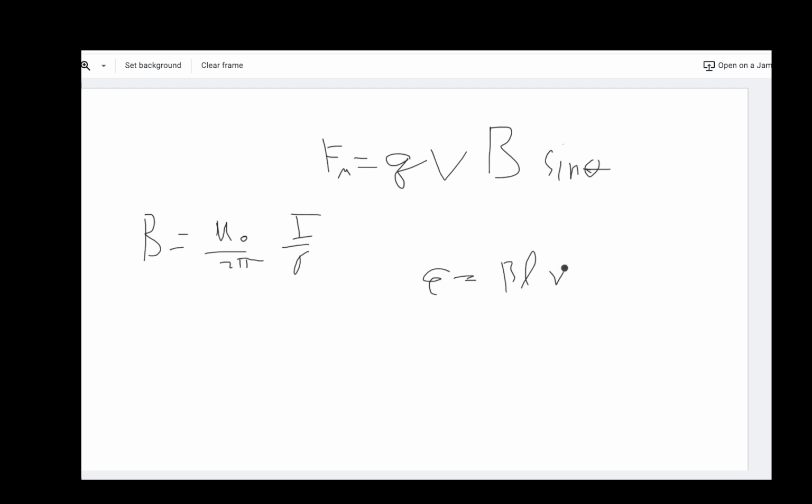I'm not sure. Yep, it's when the rail moves. Oh, are you talking about BLV? I'm talking about magnetic field times length times speed.